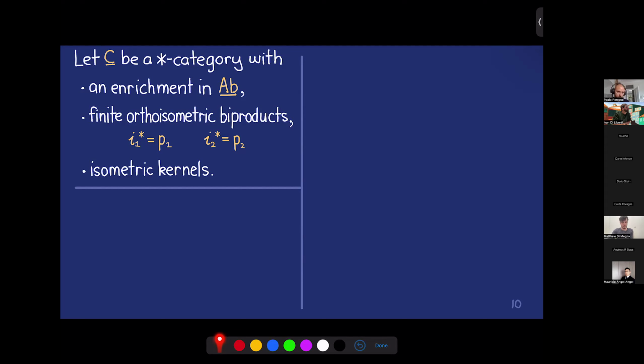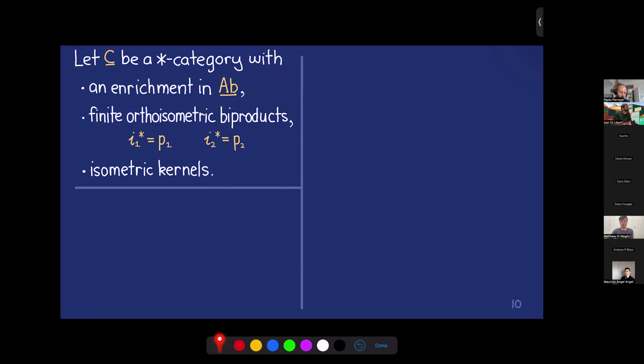These are biproducts in which the injection maps are the adjoint, or the dagger, of the projection maps. What that means is that the injections are all isometries and they're orthogonal to each other. And finally, isometric kernels are just kernels that are isometries. So really the condition is that every morphism has a kernel that is an isometry, and every pair of objects has a biproduct that is ortho-isometric. So this is the setting.